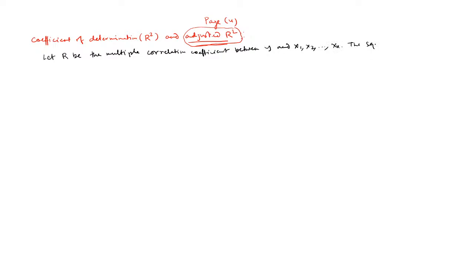The square of the multiple correlation coefficient, R square, is called the coefficient of determination.